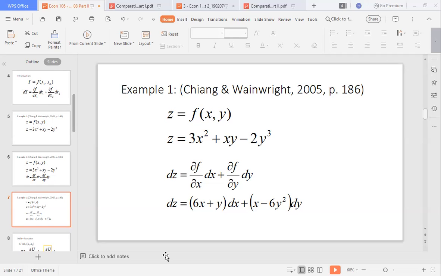So what will happen later, class, is we will have an exercise where we have a change for x, meaning we have a value for every partial derivative here and every value for a change of x or y. Okay, so that would be our scenario later.